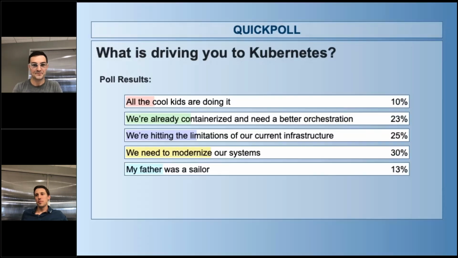Here are the results. Apparently we have some sailors in the audience, or kids of sailors, and all the cool kids are doing it. So yeah, obviously those are not high ranking, but that brings up a question I had: do you think people are using Kubernetes because everybody else is doing it, so why can't we, basically? Yeah, there's probably always the fear of missing out, that people maybe don't quite understand why they would need it, but see an article or a webinar and think, okay, yeah, we better get on it.